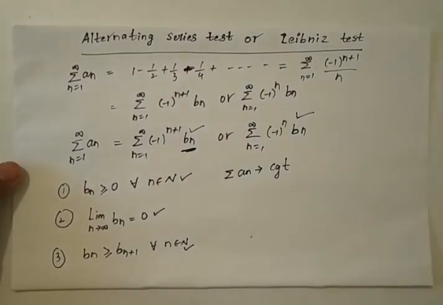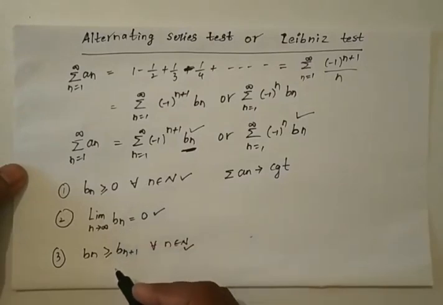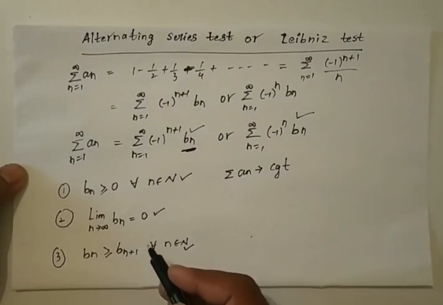If these three conditions are satisfied, then the given alternating series must be convergent.